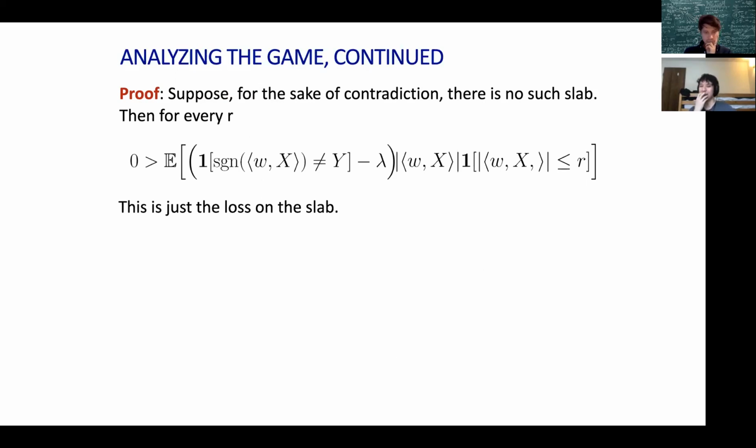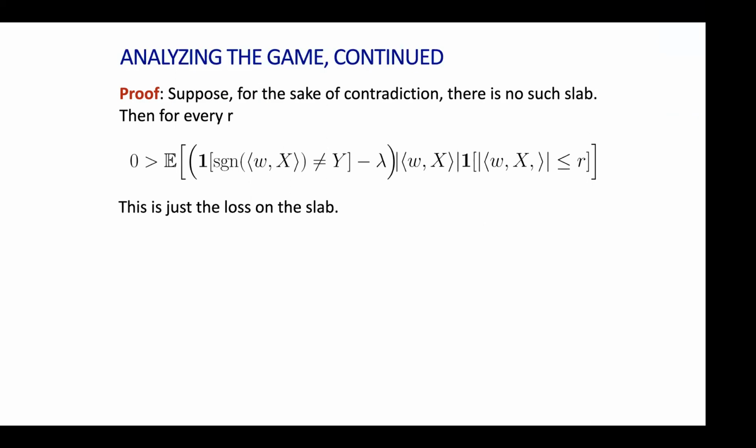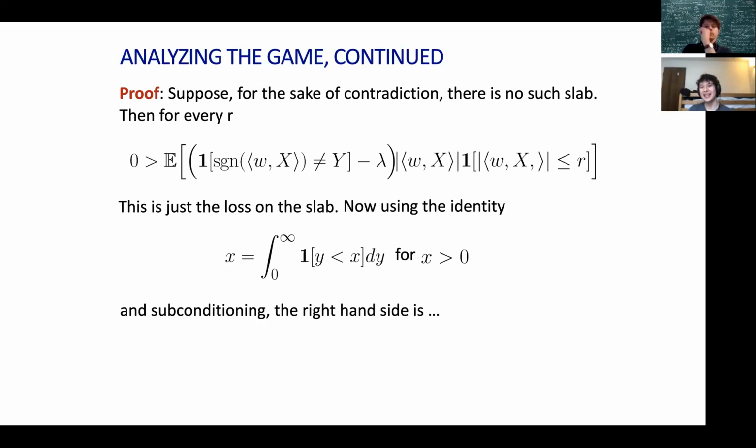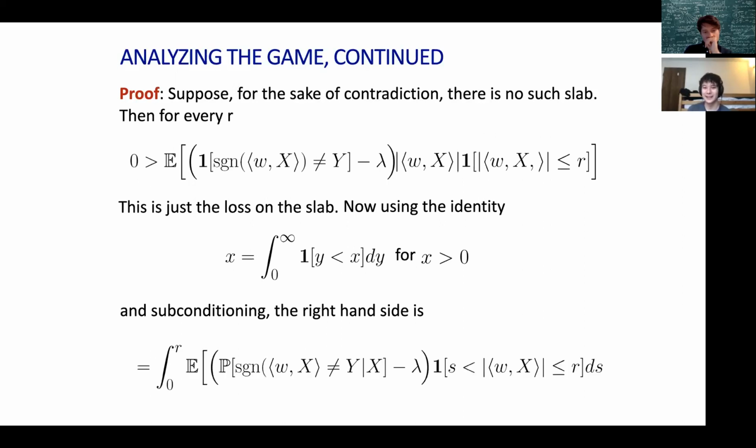To prove this lemma, recall we want to show that if w has bad 0-1 loss, there's a slab where its leaky ReLU loss is positive. Let's do contradiction. Suppose on every slab our leaky ReLU loss is negative, even though our 0-1 loss is bad. Just writing that out, we get this expression. Now it's a really good idea to write x as the integral of 1, so let's plug that in.